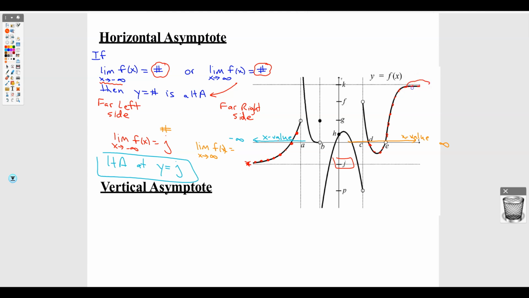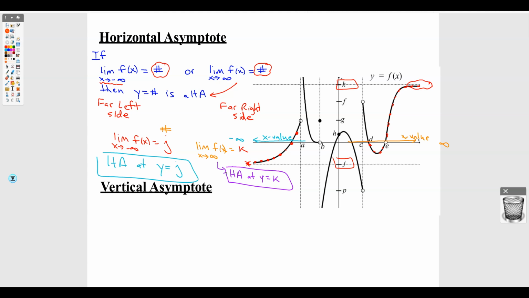And then notice they're all leveling out right here. So what are we approaching? We're approaching the y value k. So the answer to our limit is k, which again is a number. So that tells us, because the limit at infinity is equal to k, that tells me I have a second horizontal asymptote at y equals k. So we get two different horizontal asymptotes on here.